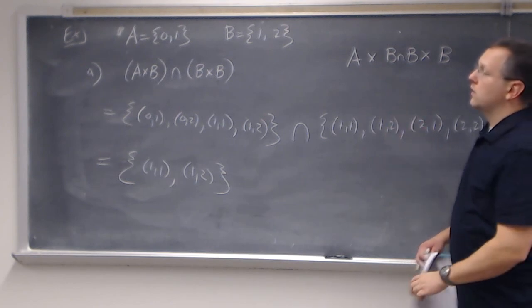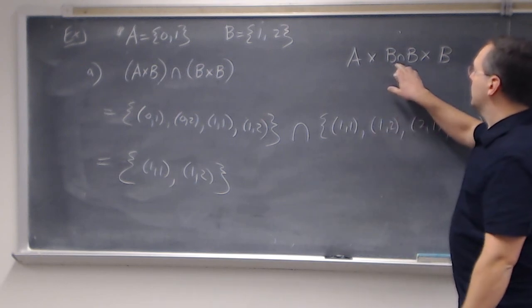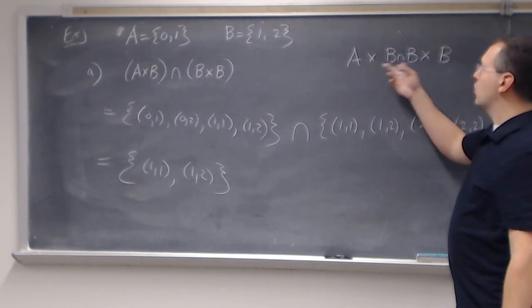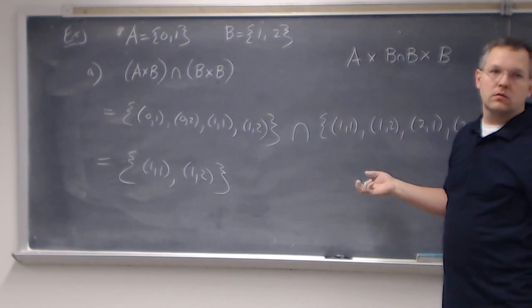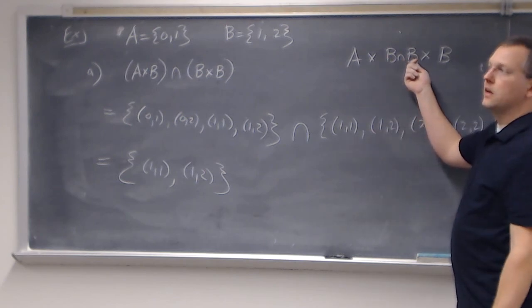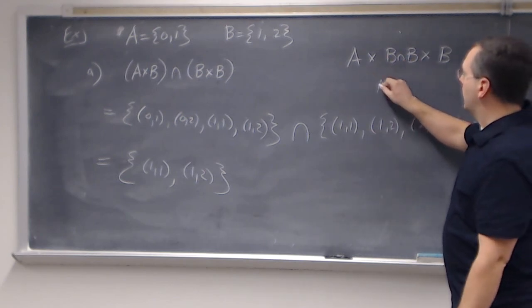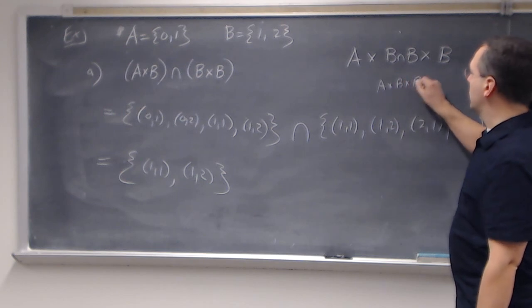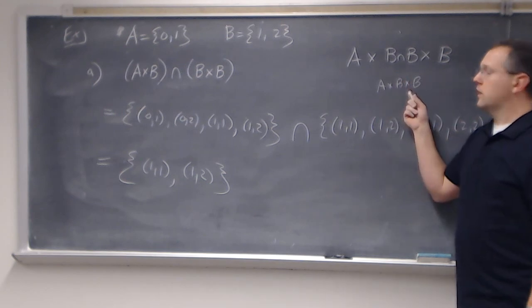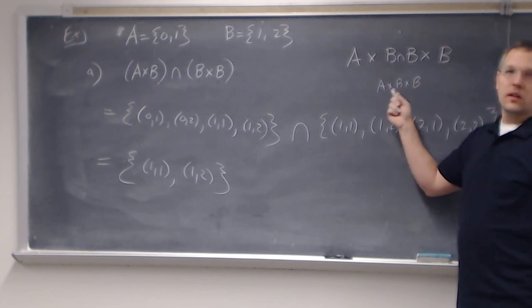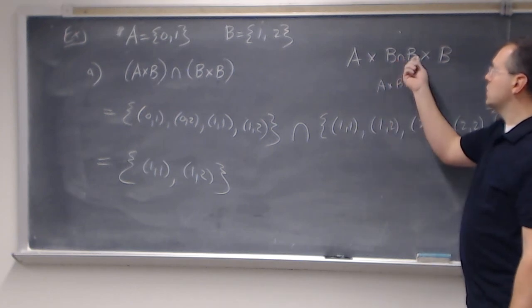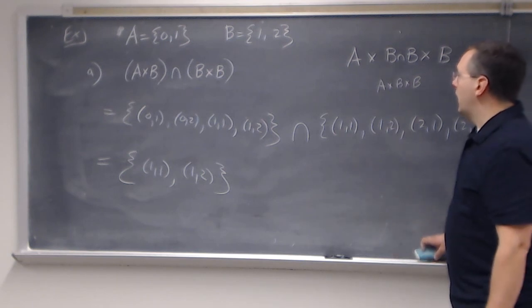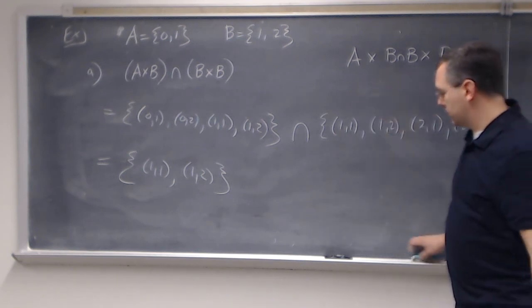You should be precise. It would look like this might be a set of ordered triples, but again, B intersect B is just B. The elements that are in B and in B are just B. So this would look like A cross B cross B. Well, in the previous section, they wanted you to think of this as ordered triples, but it would look confusing when you have B cross B. I guess they could make that an example, but this doesn't happen.